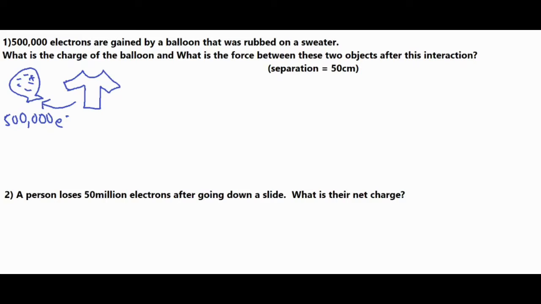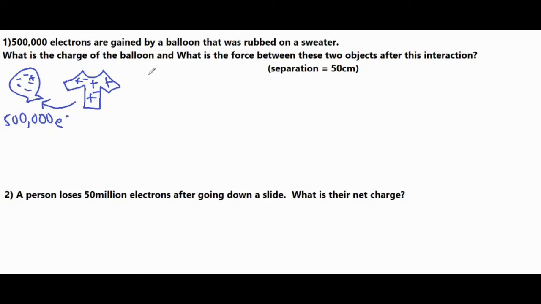Now, because of the conservation of charge, the overall amount of charge between these two objects is going to remain consistent. The sweater originally had a fairly even mix of positives and negatives, and because a bunch of its negatives were given over to the balloon, it is mostly positively charged.